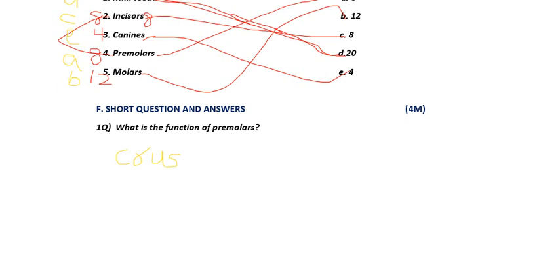Crushing, spelling C R U S H I N G. Crushing and grinding. Grinding spelling is G R I N D I N G. So premolars are used for crushing and grinding the food.